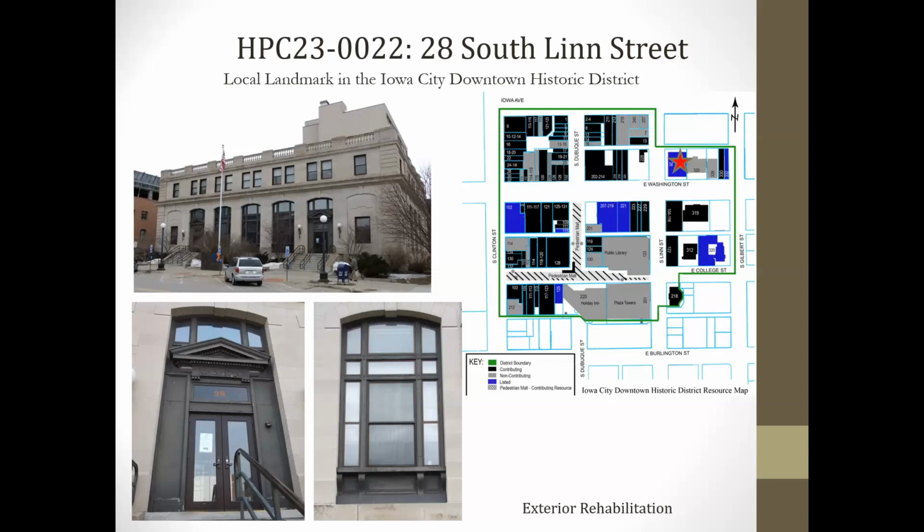They will use, as you can kind of see here, there's some staining. There's a lot of staining around this cornice. They'll use a chemical that's meant for this process to clean the stone. And as far as the stone goes, the only thing that was questionable from a staff point of view is that they had proposed to use some sealant.